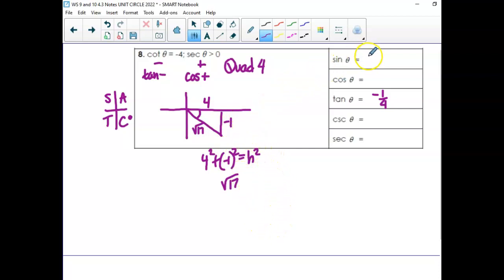How about we do sine? What would the sine be? 1 over square root of 17, or just negative root 17 even. You can put the negative 1, I don't care. I think that's enough, yes?